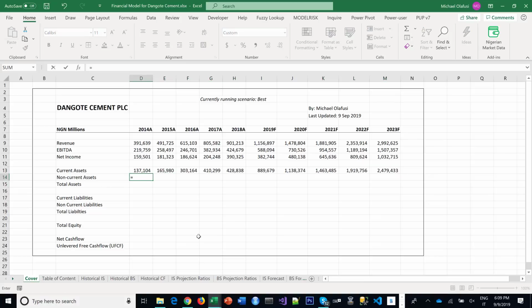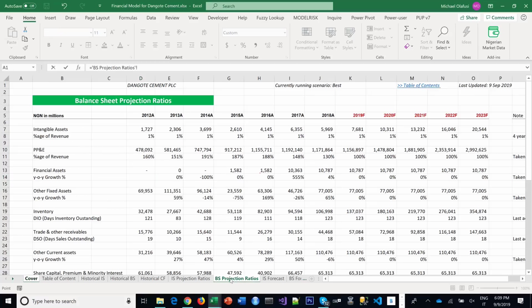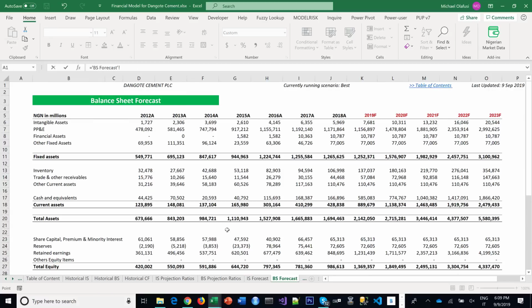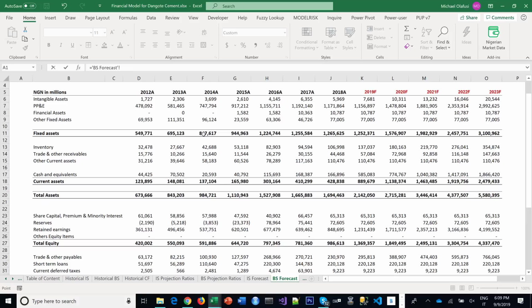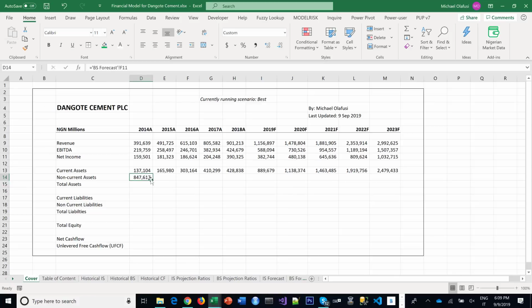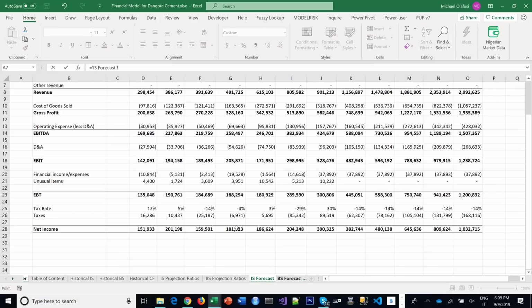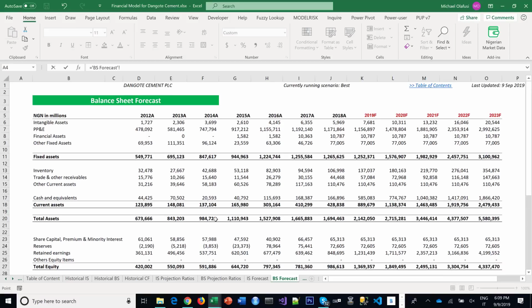The non-current assets. Drag forward the total assets from 2014.